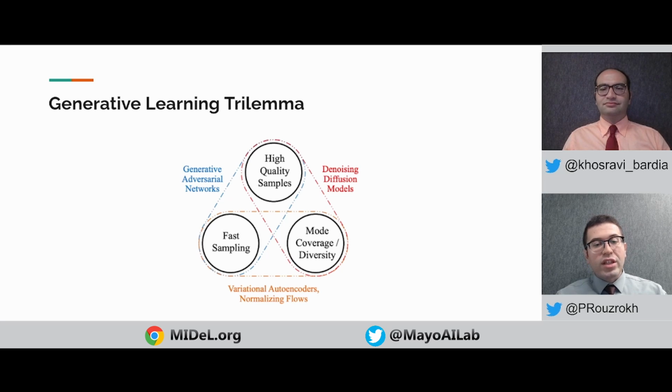Now, talking about DDPMs as something new that was recently added to the literature, DDPMs are good at creating both high quality samples and, at the same time, very diverse types of synthetic images. But what is their downside? The downside, as Radia mentioned before, is that they are really slow during inference.